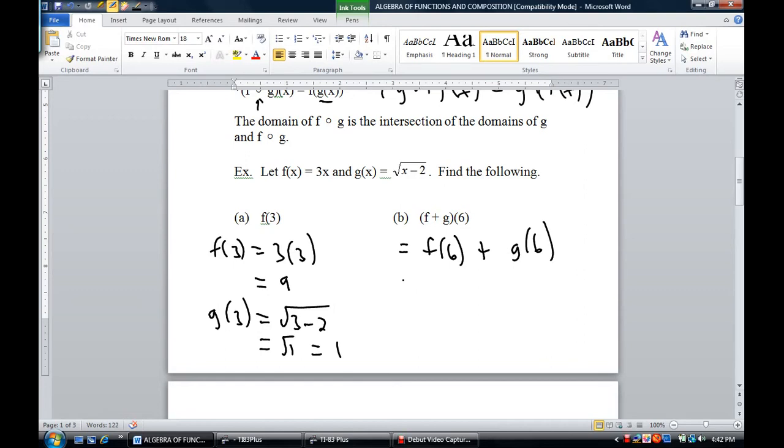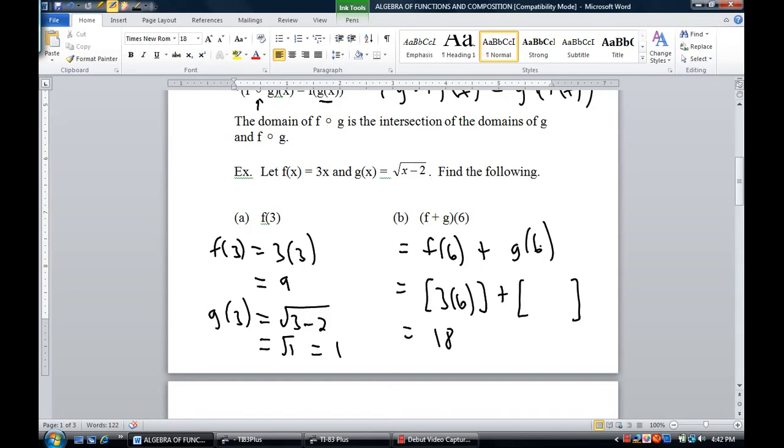Just to show you one way to approach it, we're going to do f of 6 first, which means we're going to use 3x. 3 times x is the same as 3 times 6, and 3 times 6 is 18. And then we have g of x, which is the square root of x minus 2.